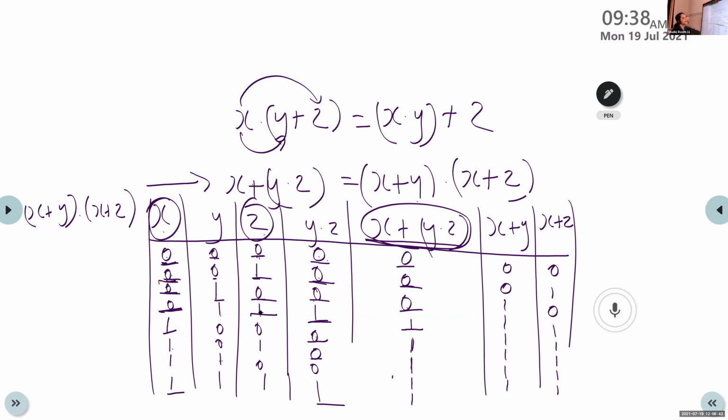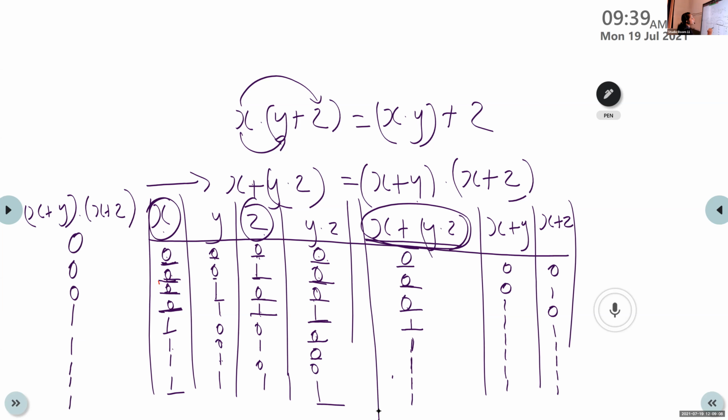Okay, Dia? Yes. Okay. What is the answer of the last column? It is x plus y into x plus z. 000, then the rest is 1. Okay. 0001.